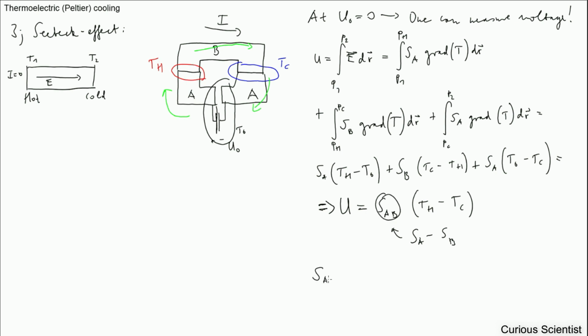So if we say that SAB, which is a function of temperature, of course, can be measured through dUAB/dTC, and the cold should be constant.